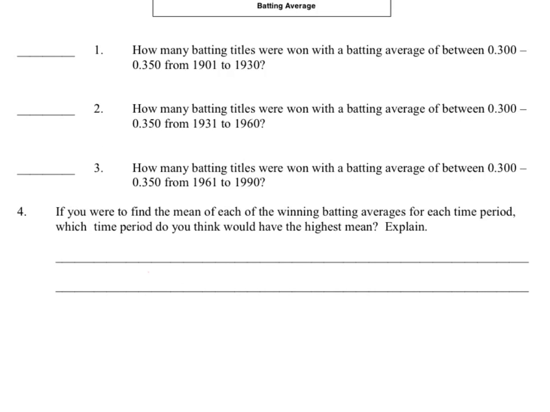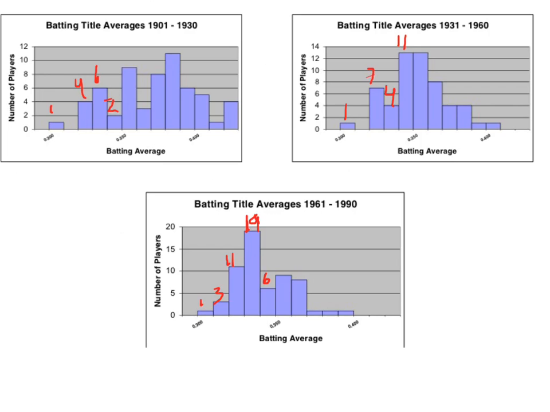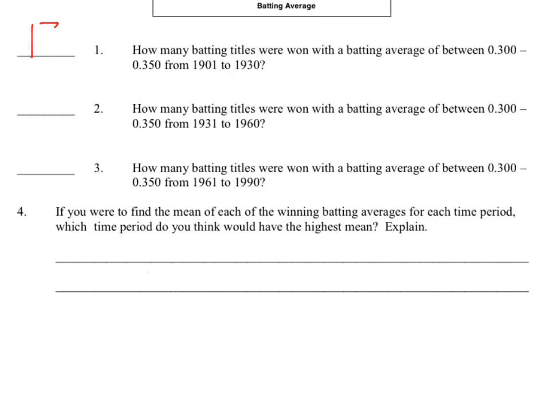How many batting titles are won with a batting average between 3 and 3.5 in the first section? Well, 3 to 3.5, that's this section, and you add all those up. 1 plus 4 is 5, plus 6 is 11, plus 2 is 13. And then number 2, how many batting titles are won with a batting average between 0.3 and 3.5?